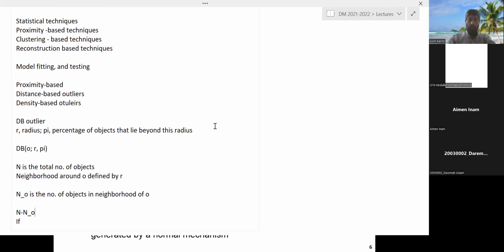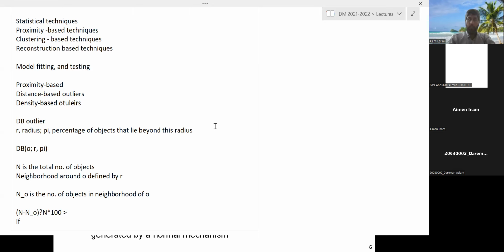So if this number is greater than, so percentage of objects, okay. So n minus NO is the number of objects that lie outside this region, divided by n into 100, so that I convert it into percentage.